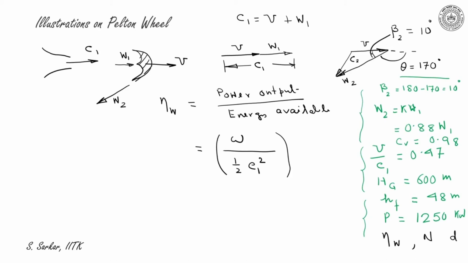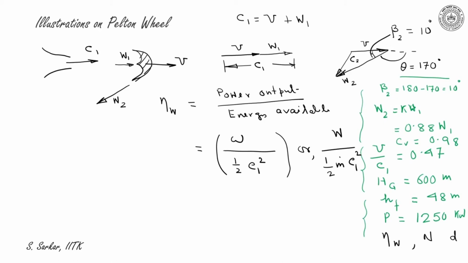This is the expression for eta W, or I can say, work output divided by half m dot into C1 square. M dot is the mass flow rate through the bucket.